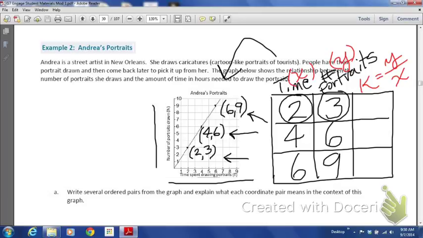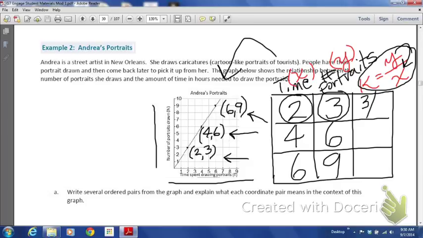Okay? So, therefore, if we went and found our k, our constant of proportionality, which we know is y over x, because we're always looking at y as a function of x, right? Then we would look at it this way.